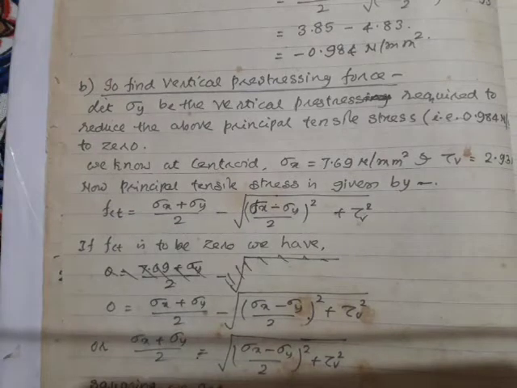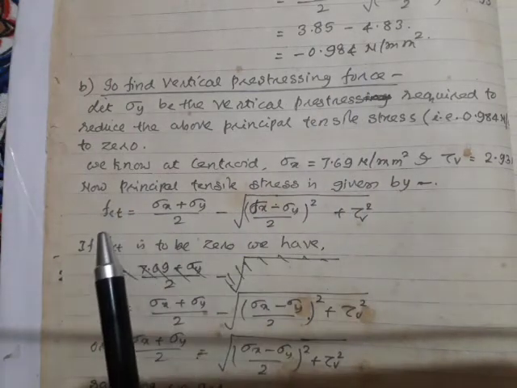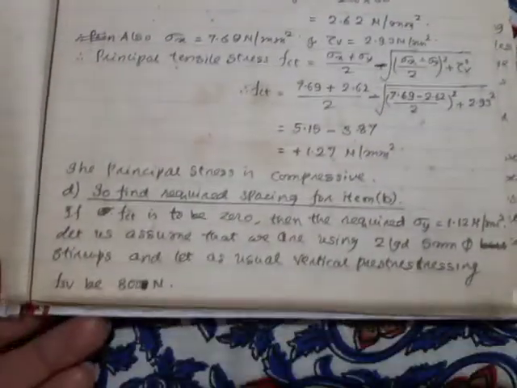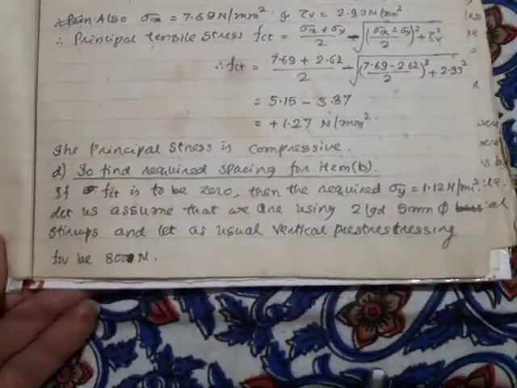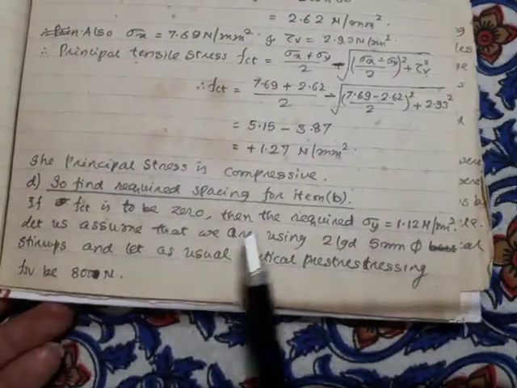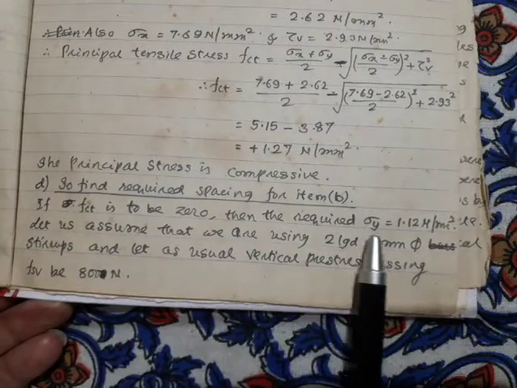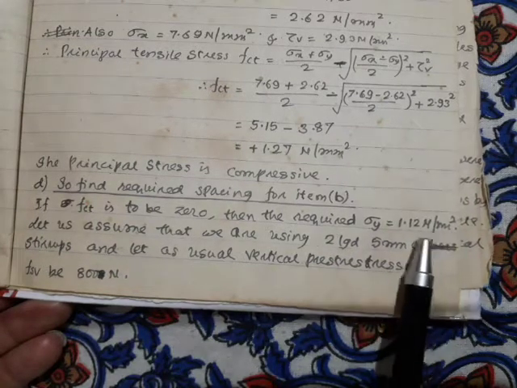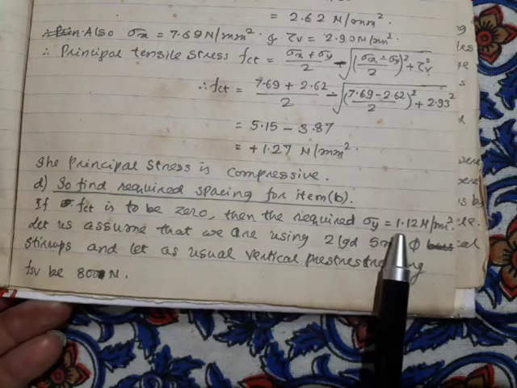For this case, he has asked you to find the spacing. See how to calculate the spacing. If FCT is to be 0, then the required sigma y is equal to 1.12 Newton per mm square. This you have already calculated in your case B.